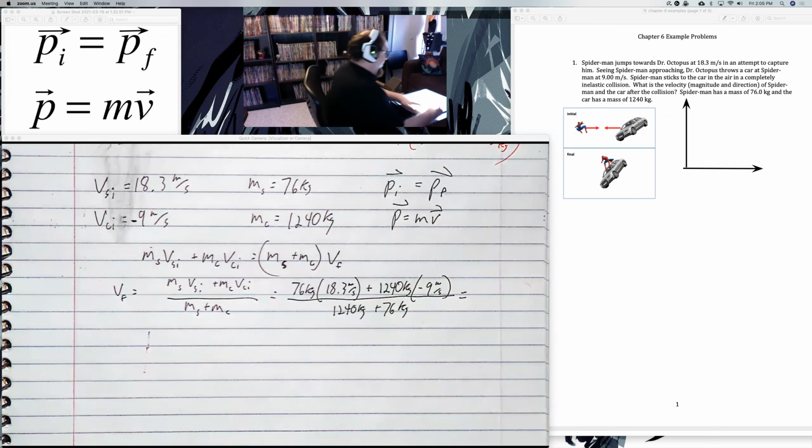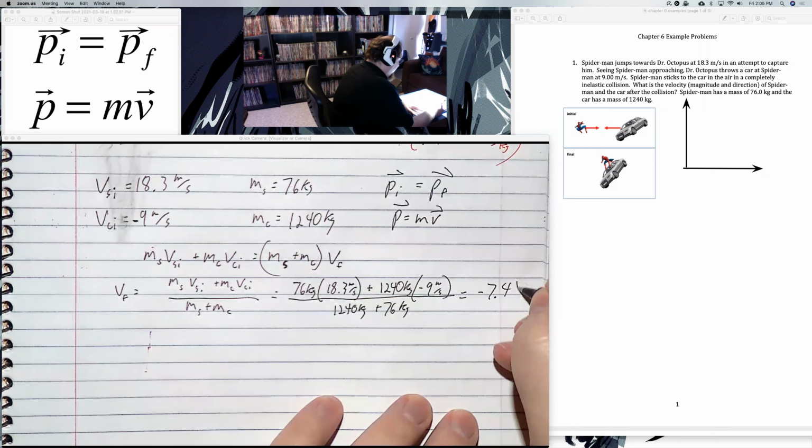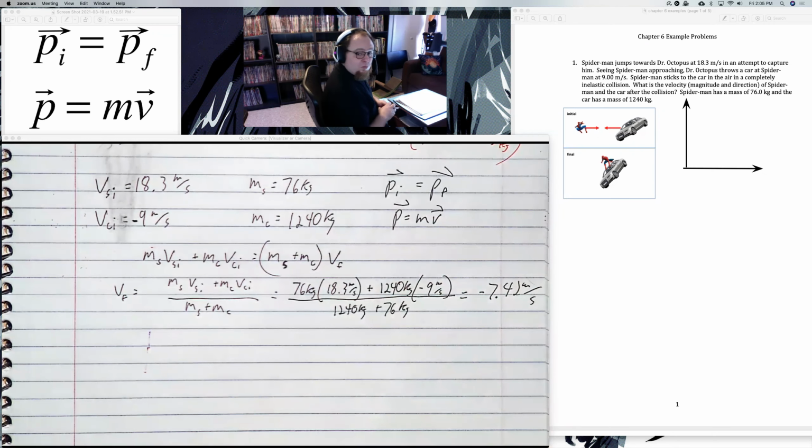Now, when I do that math, I get negative 7.42 meters per second, which is an acceptable answer.